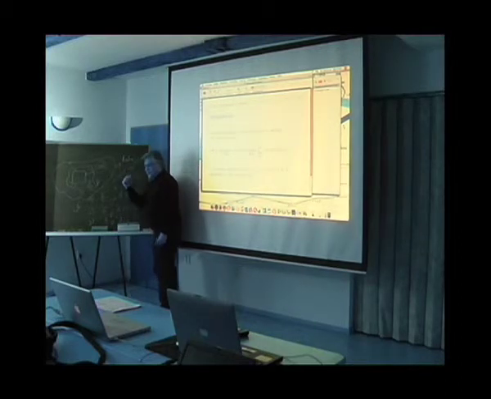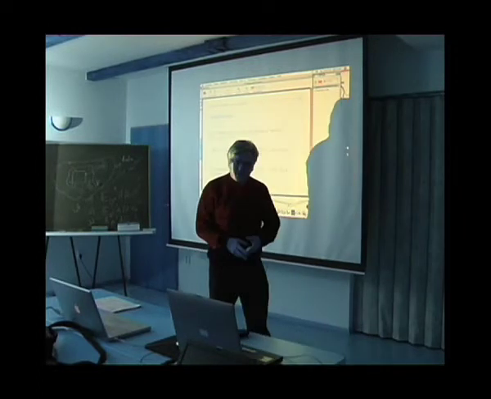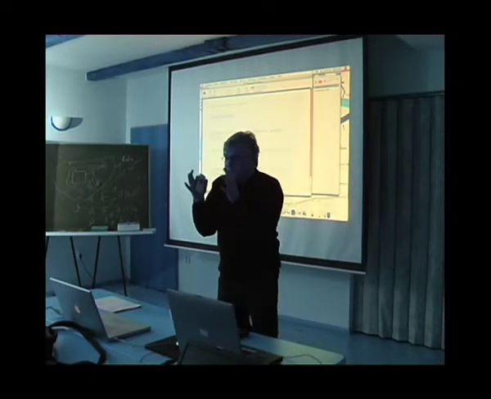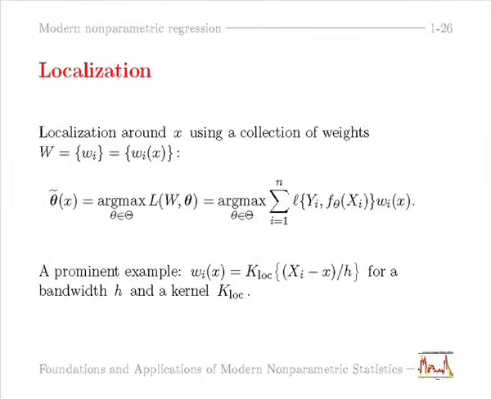I told you about 2 hours ago, God probably knows a good weight, how to do it, because he knows the true function. This is the oracle estimate, and we have to infer the real weight from data. So the local polynomial, local parametric approach consists of now calculating the parametric value in the parametric model with weights.